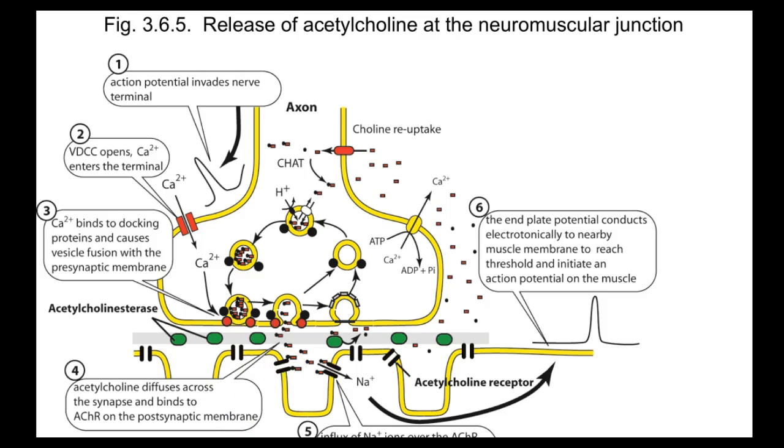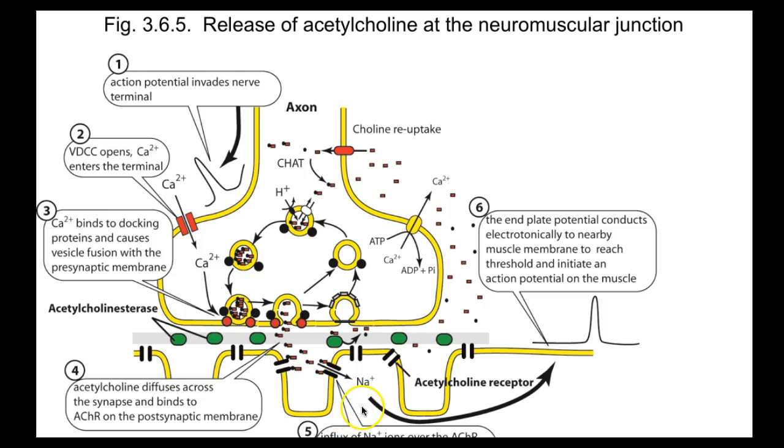All right, let me see if I can point to you with an arrow. Here's the acetylcholine receptor. All right. So now, when the acetylcholine receptor is activated, sodium and potassium will flux into the muscle fiber and depolarize the muscle membrane.